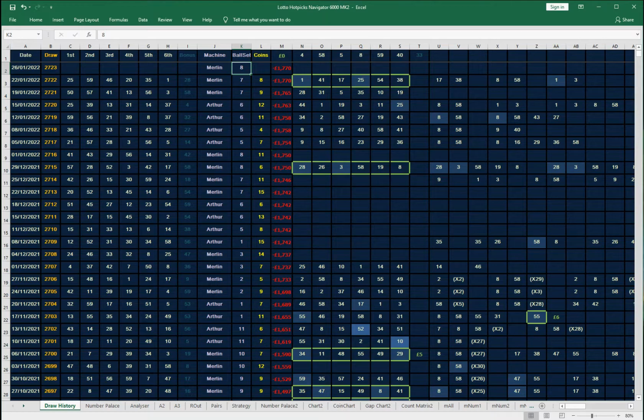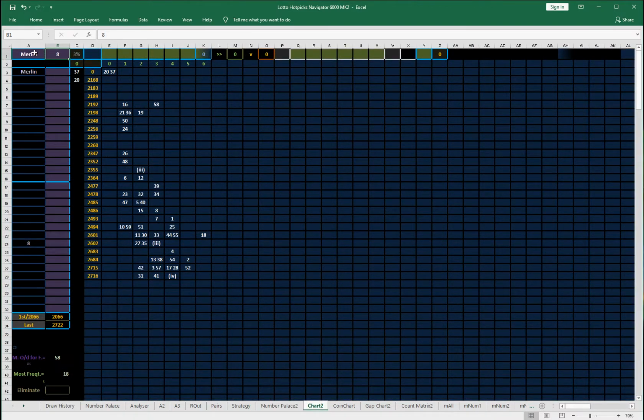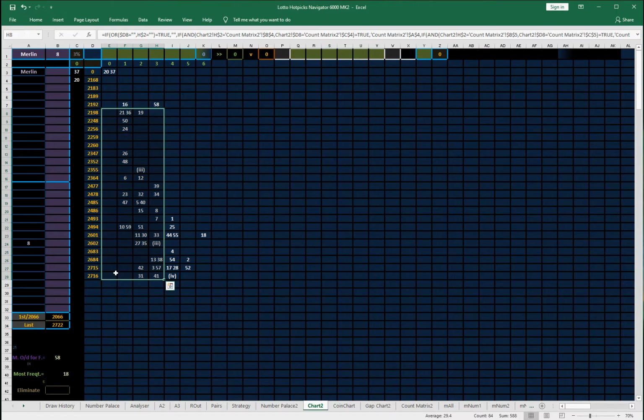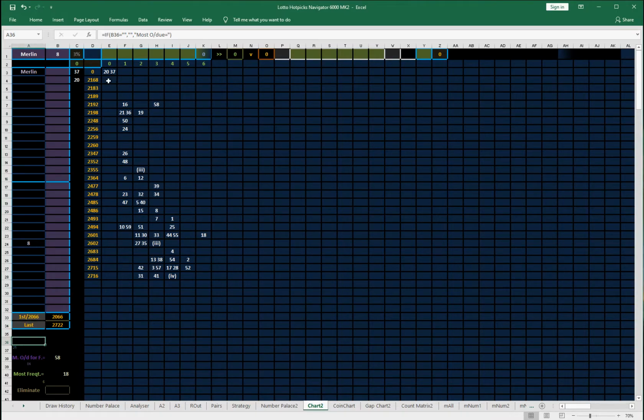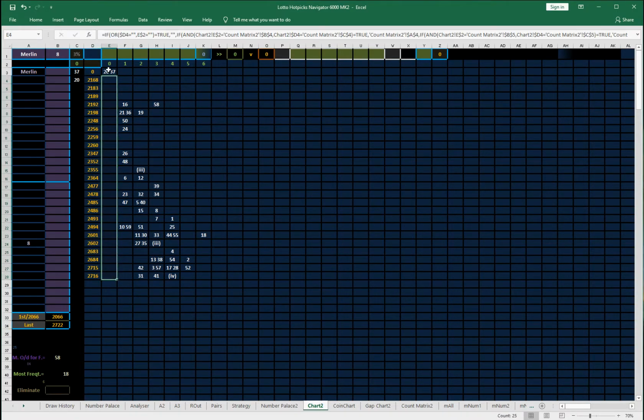that's the next one. So if we filter by that machine and ball set 8, we get this chart, and now you can see that number 58 is most overdue for its frequency. It doesn't tell you which is most overdue because you can't.